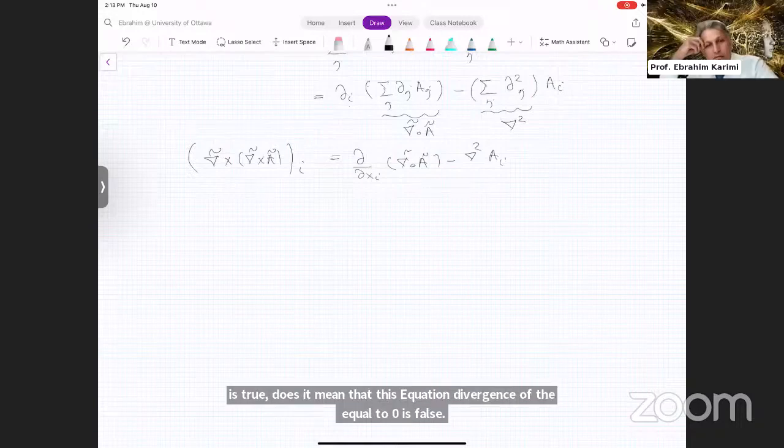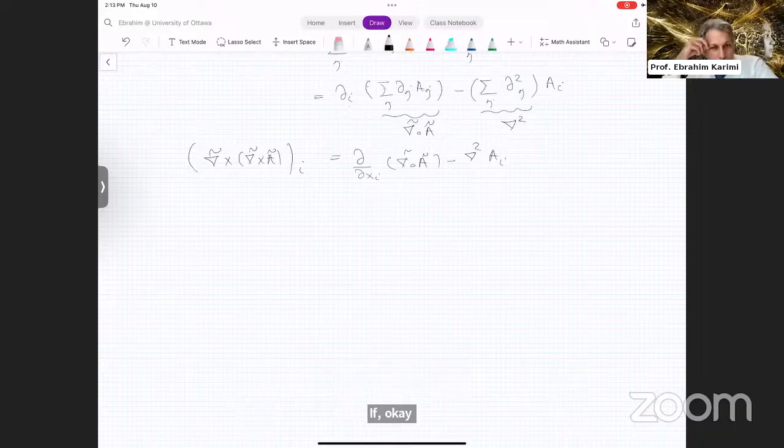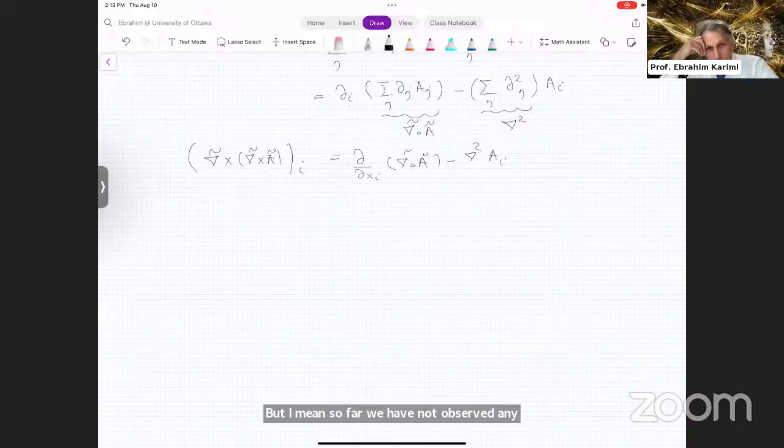Yes, indeed, there is the Dirac monopole. Dirac had the equation for it, a beautiful equation essentially. But so far we have not observed anything beyond divergence of B equal to 0. We did not find that.